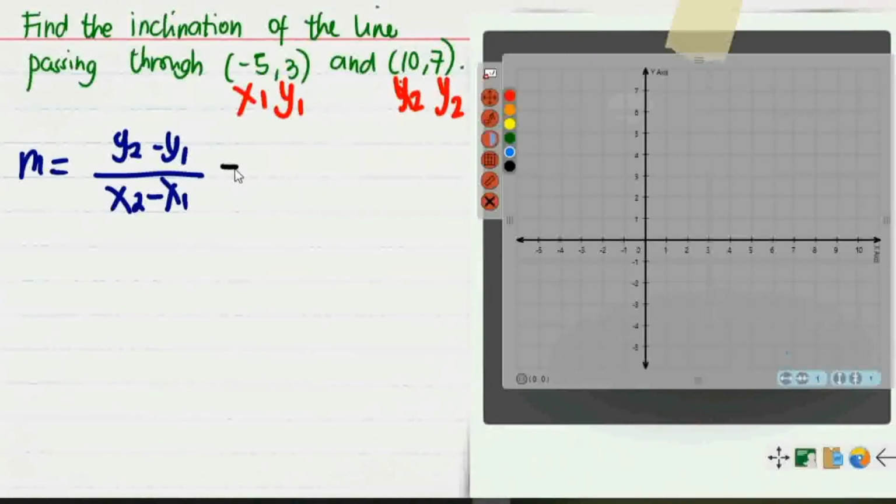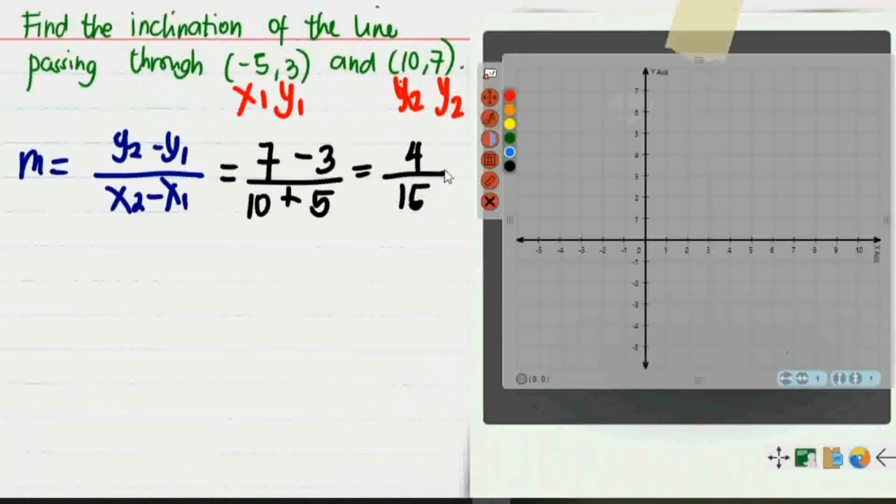Sub lang natin, y sub 2 is 7, minus y sub 1 is 3, over x sub 2, so 10, minus x sub 1, which is negative 5, so magiging positive 5. So, 7 minus 3 is 4. 10 plus 5 is 15. So, the slope of this line passing through these 2 points is 4 over 15.